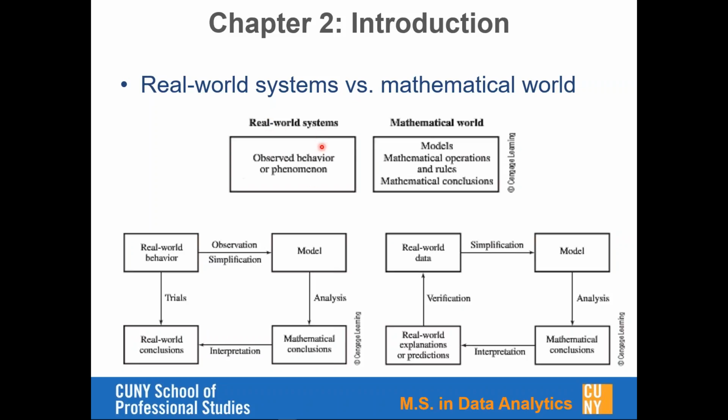For real-world systems, it's observed behavior or phenomenon, and in the mathematical world, it's the models, mathematical operations and rules, and mathematical conclusions. If you look at the left-hand side versus the right-hand side, that's really the problem: if you want to build something from real-world behavior and get some real-world conclusions, you are trying to use trials to make conclusions, rather than going through the whole process of modeling, analysis, and interpretation, and then getting real-world explanations and predictions.